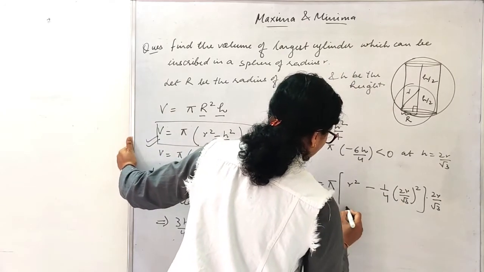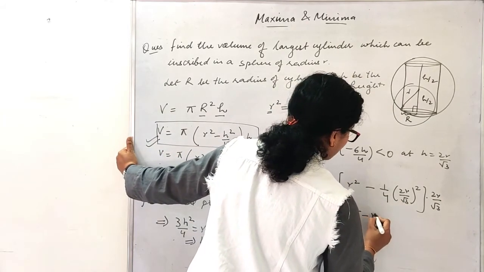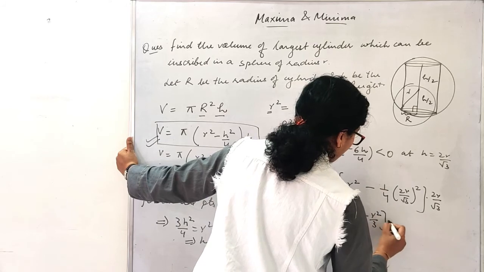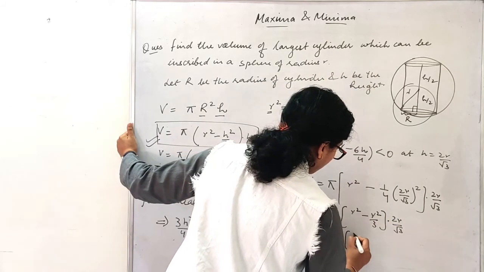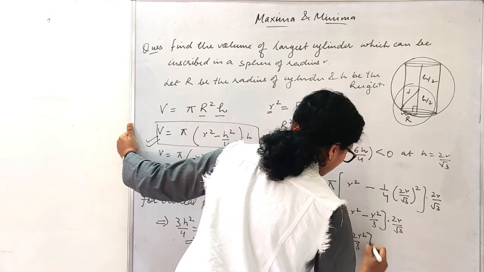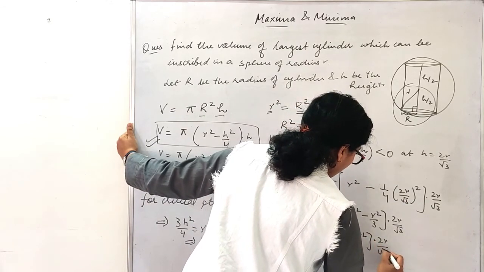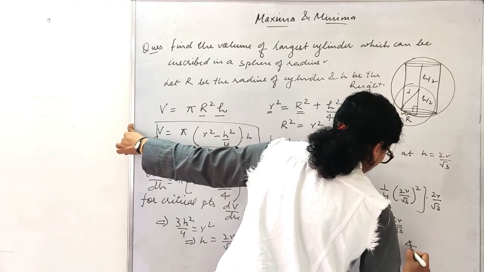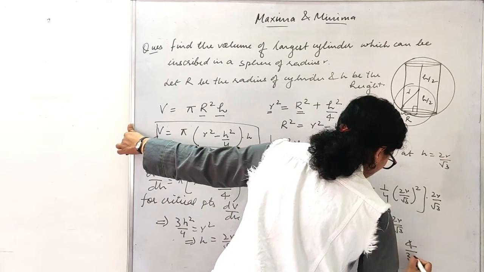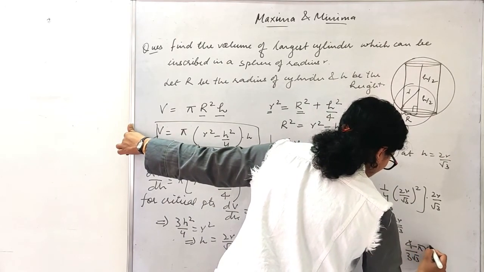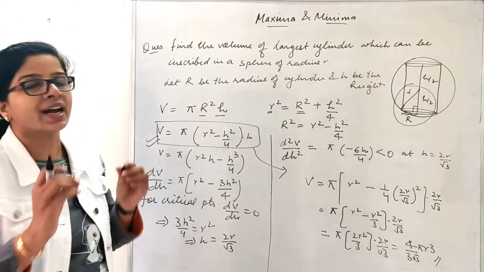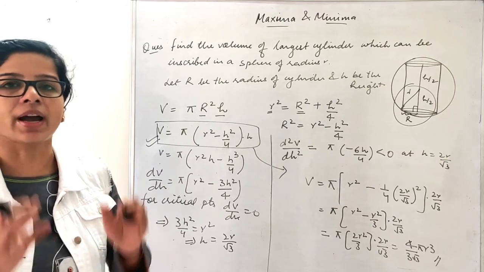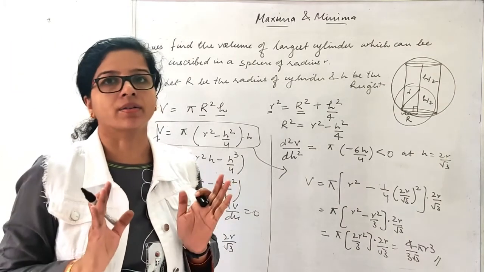So pi times (r square minus r square by 3) into 2r by root 3. It gives me pi times 2r square by 3 into 2r by root 3, which is nothing but 4 by 3 root 3 pi r cube. This is the volume of the largest cylinder which can be inscribed in a sphere of radius r, right?